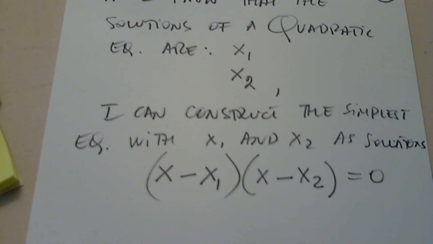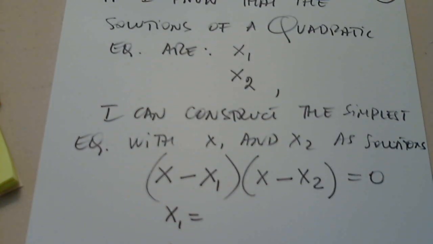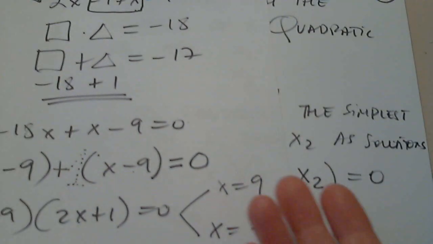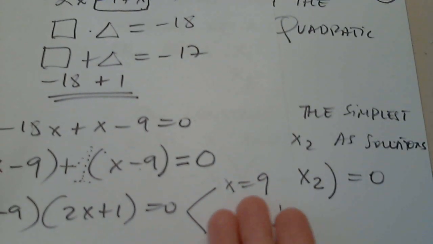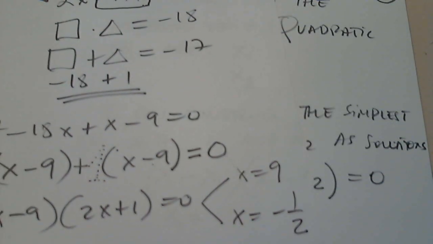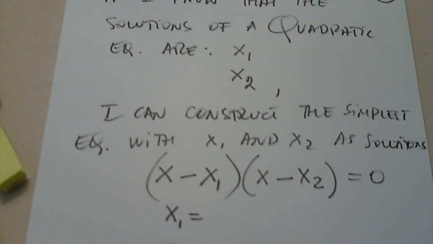So please give me two solutions, x sub 1 and x sub 2. What is this x sub 1 and sub 2? It's something to refer to. So I will say the first solution is 9, x sub 1 is 9. The second solution, x sub 2, is negative 1/2. That's all it means.